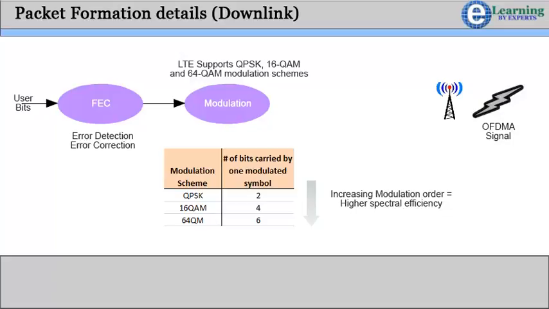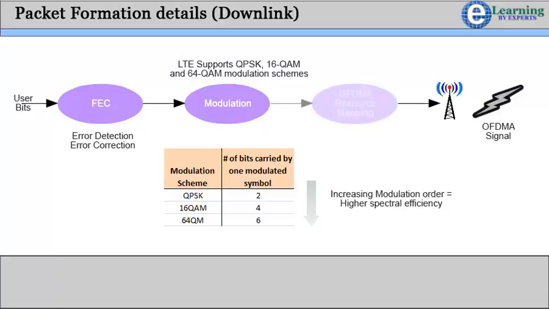A higher spectral efficiency allows greater user and cell data throughput. For example, in QPSK modulating scheme 2 bits are carried by one modulated symbol, while in 16 QAM and 64 QAM modulation schemes 4 and 6 bits are carried by one modulated symbol respectively.